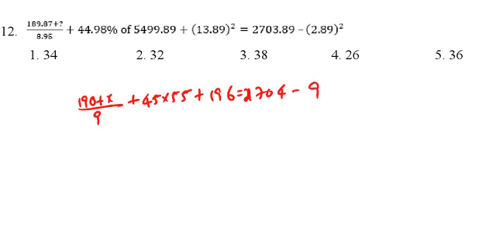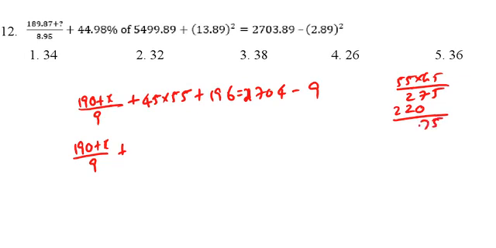Now you need to do the calculation. 190 plus x by 9 plus what is 55 into 45? 55 into 45, this is 275, this is 220, that will give 2475 plus 196 plus 196, that is 2671.